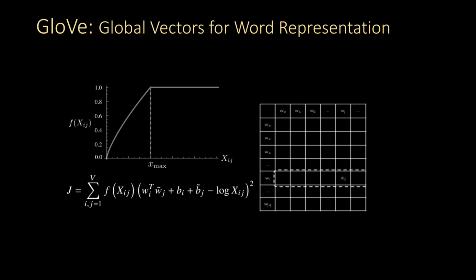The idea behind it is that approaches such as Word2Vec only locally construct the representation of a word. In Word2Vec, you have a context window that goes only a small number of words in the future or in the past to form the representation of the present word.